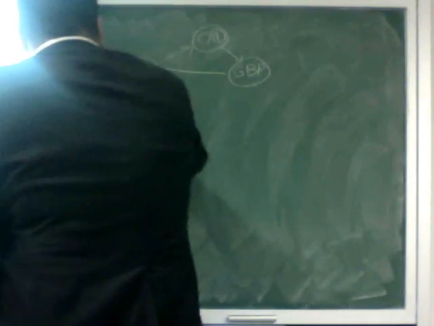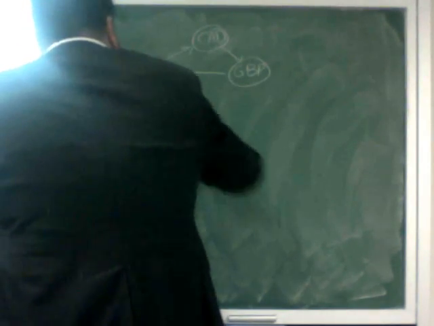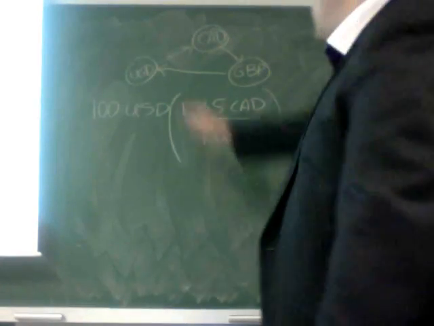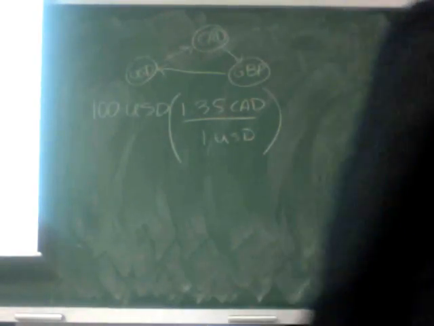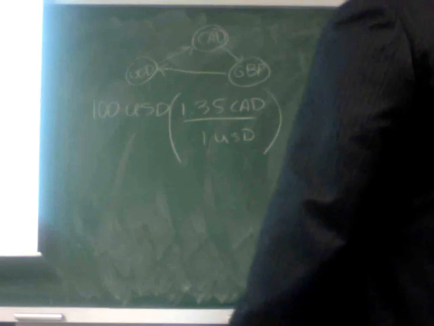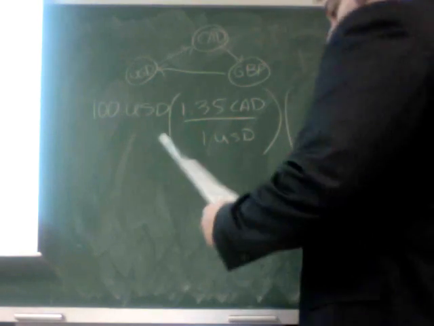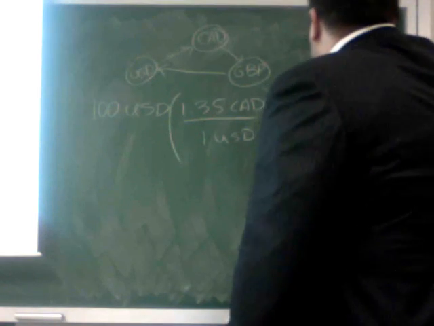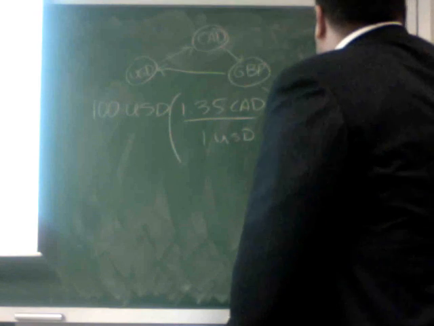So I start with 100 US. So I get 1.35 Canadian dollars per US dollar. So that's to go from here to here. Then to go from Canadian dollar to British pounds, I got 100 British pounds for 245 Canadian dollars.